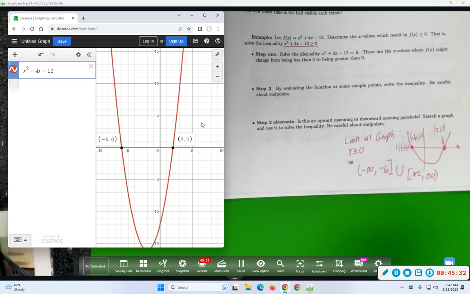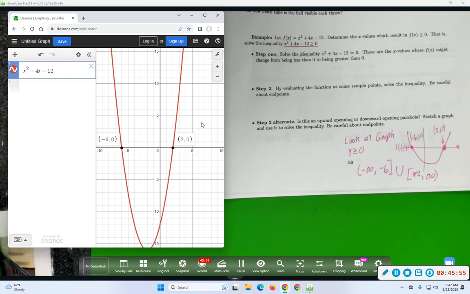Cool. So from a graph, you can just read off solutions to inequalities. That's not anything fancy. Let's think about whether or not we could do this without looking at a graph. Could we graph this just by hand? And let's not even think about the vertex formula. If you look at that expression up there, it's going to be a parabola. Upward opening or downward? Upward.